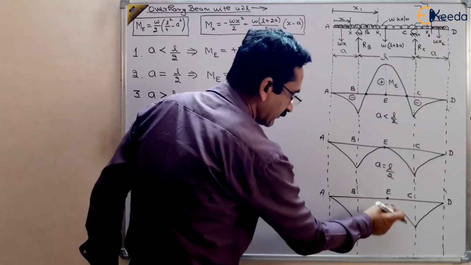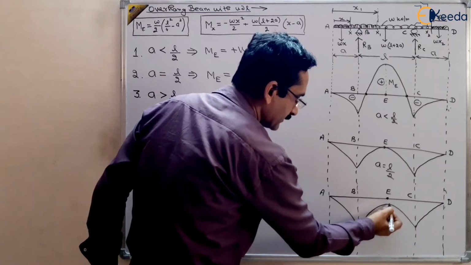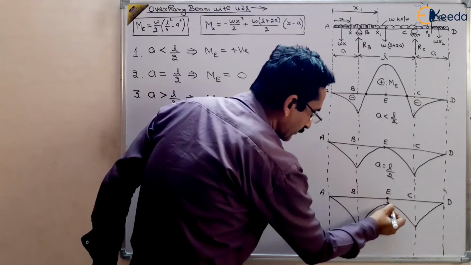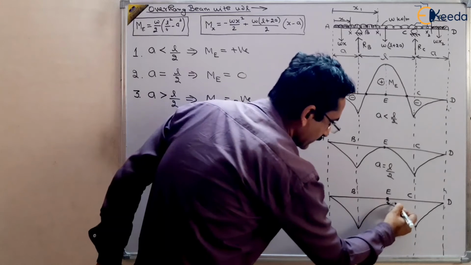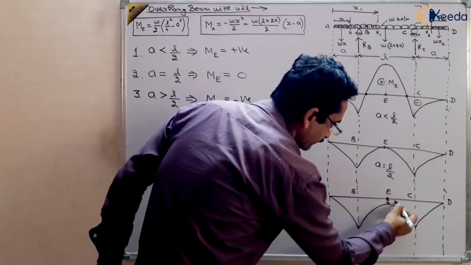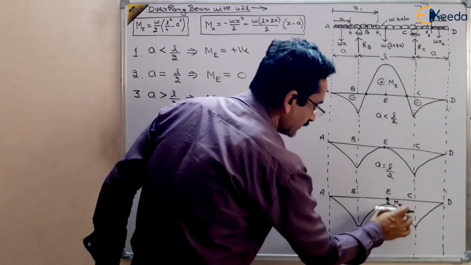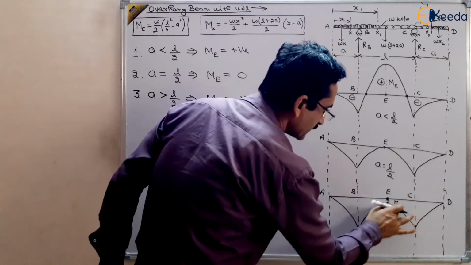There is some negative bending moment at the center, right? So this is that negative bending moment at the center. So this is ME, which is negative in this case, right? So this is ME.